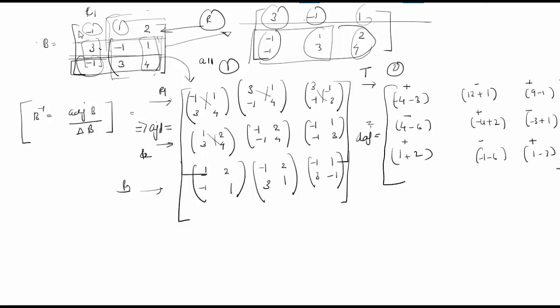So what this will give me is my adjoint is equal to minus 7. So I will have to multiply this plus with this, and this is already minus, so when I am multiplying it with plus, the sign won't change.